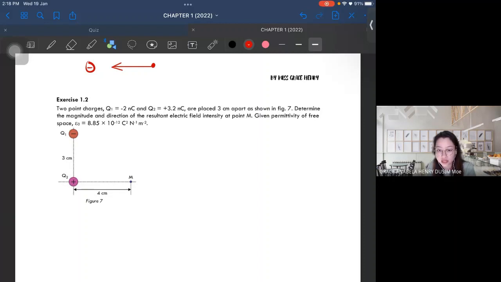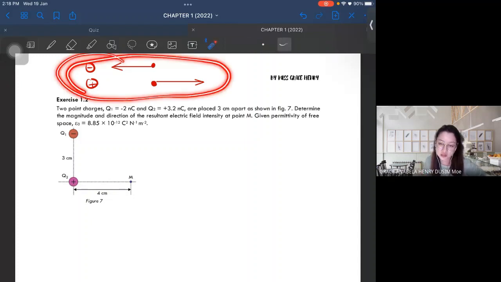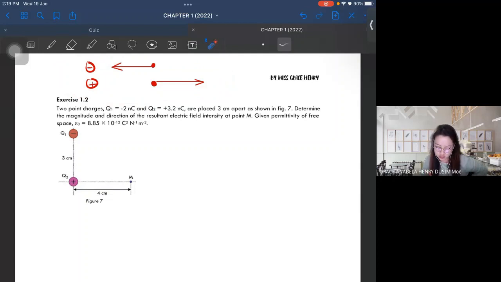Okay, this is for when the charge here is negative. Okay, the second one for positive, when there is a point here, if you want to draw for a positive charge, it will go away from the charge. Okay? So, that is what you need to know for how to draw the electric field. Okay?